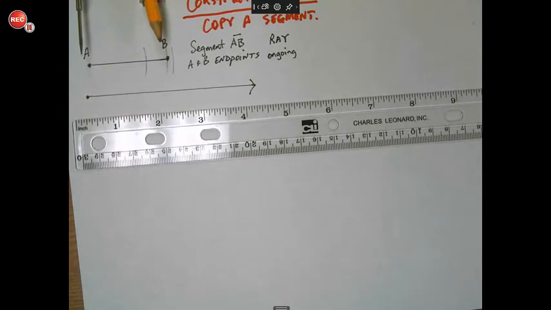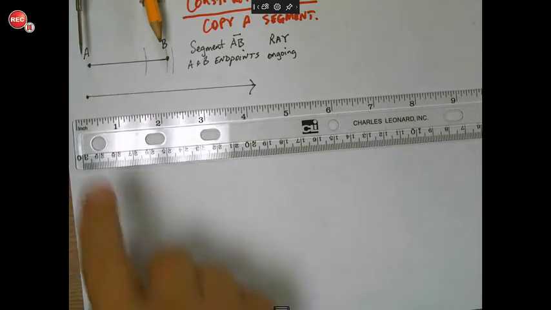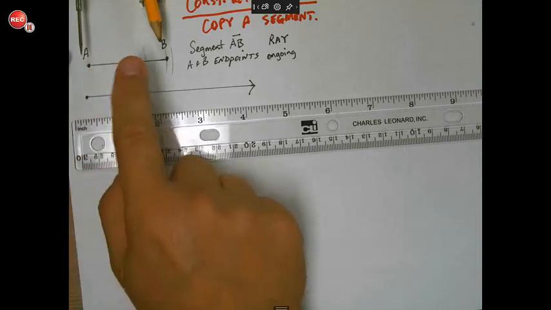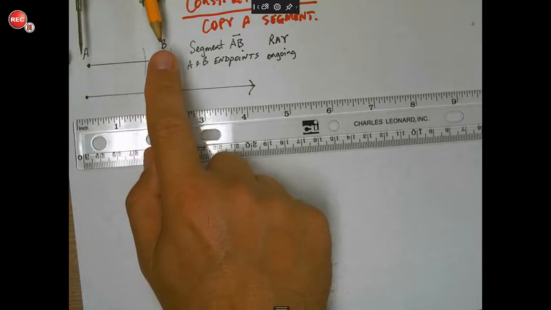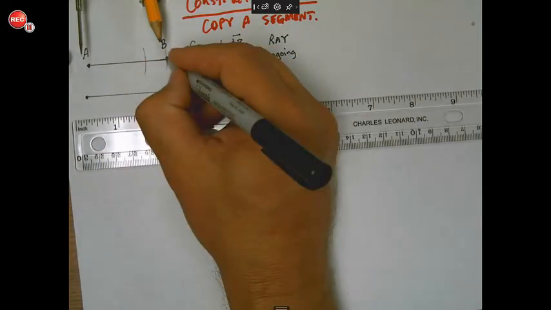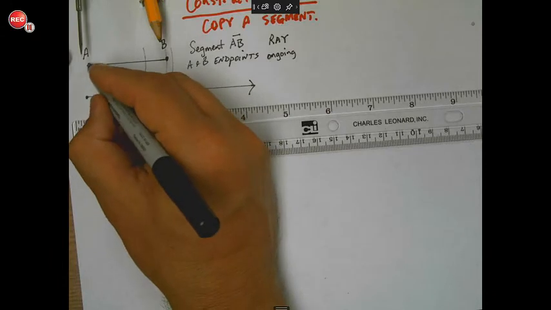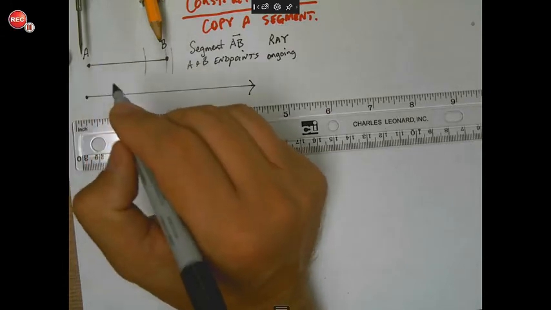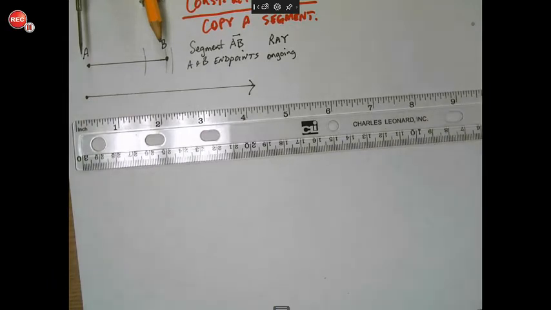That's a point. Or the tip of this sharp point on the compass. Or the tip of a pencil point. That's a point. Does that make sense? It's kind of hard to describe. Basically, we represent a point with a dot. So a dot represents the point.